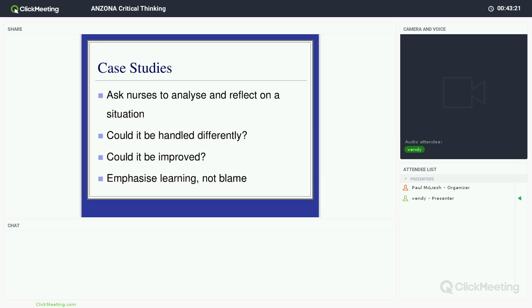Was it identified in a timely manner? Have a look back through their notes, through their fluid balance charts or their observation charts, those sorts of bits and pieces, with different eyes, knowing what the outcome was down the track, to see along the way what were the patterns, were there any trends, was there any information that I should have had at hand to be able to do that a little bit differently?